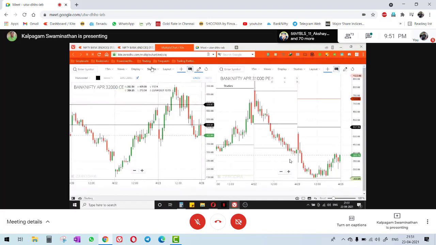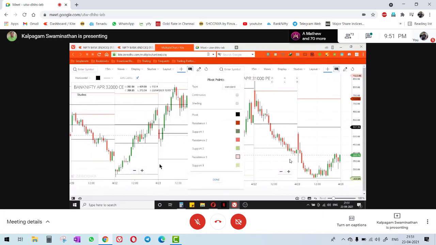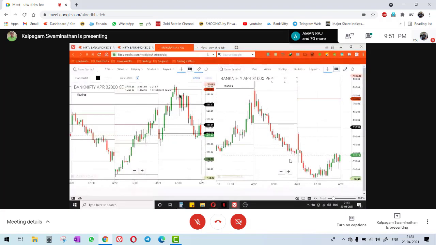But assuming that you wanted to go in for more profits, you would have tried other support and resistance lines like pivot points, and you had a rejection right at the pivot point. So you would have probably made a little bit more money, 100 points more.